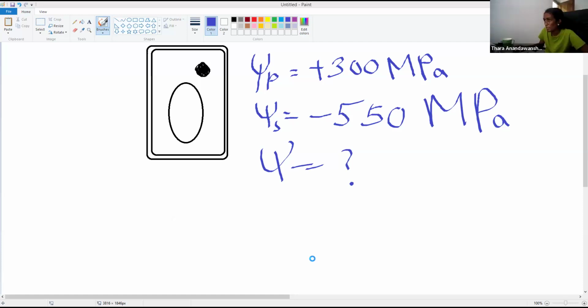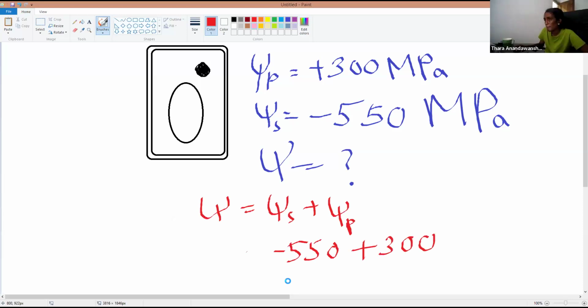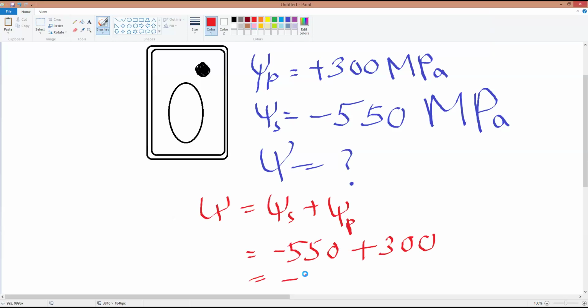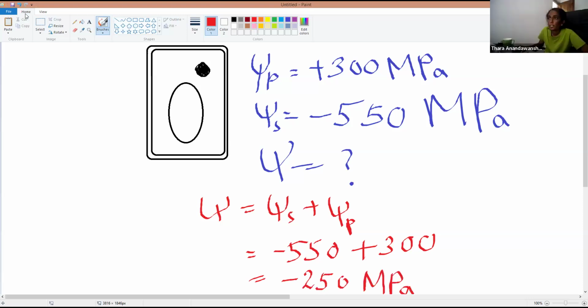So what is the answer here? Minus 250 megapascals. Yes, 250 megapascals, right? Okay, now understood well? Can I erase? Yes, teacher.